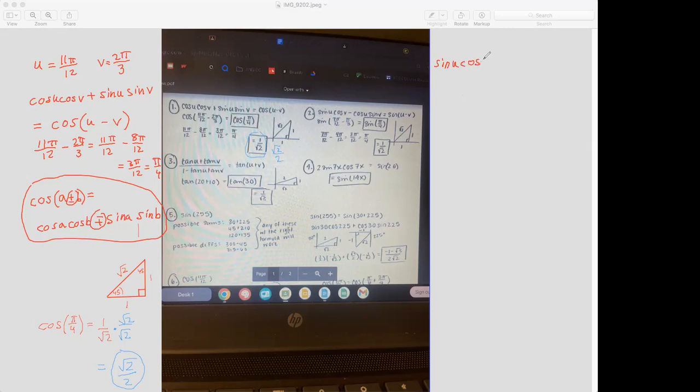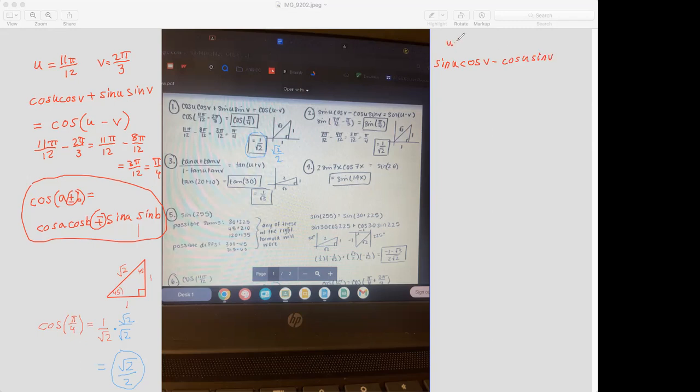Figure out what identity you need. So I imagine you've got a problem that looked like this to start, and they gave you the u's and v's and asked you to simplify.